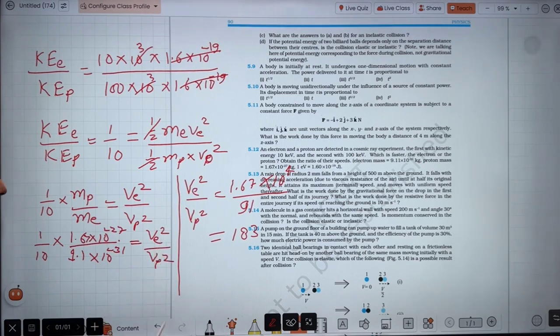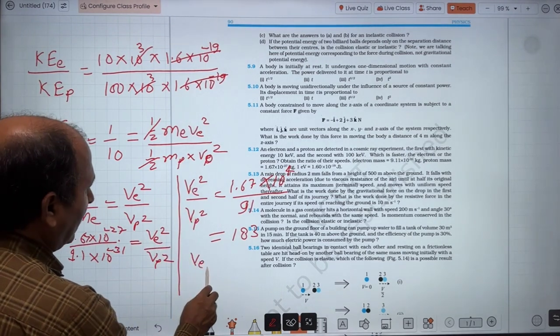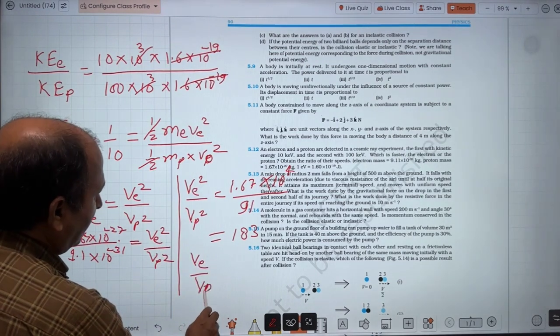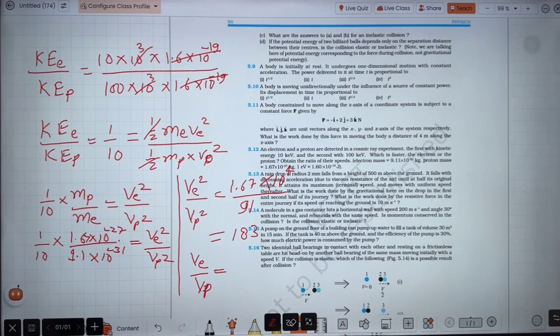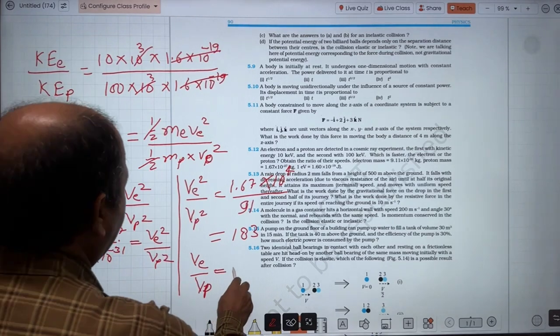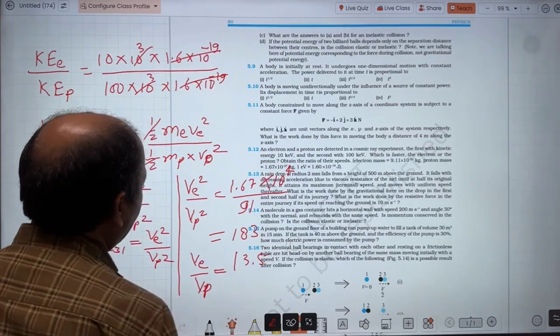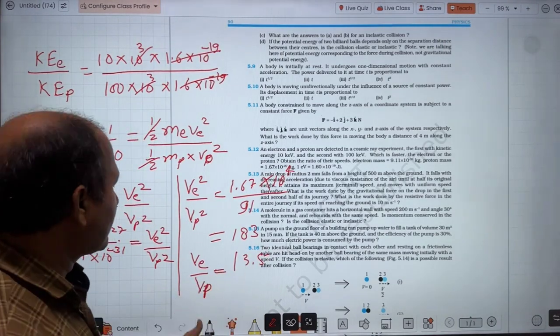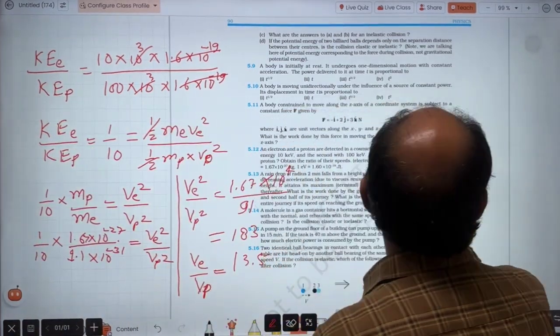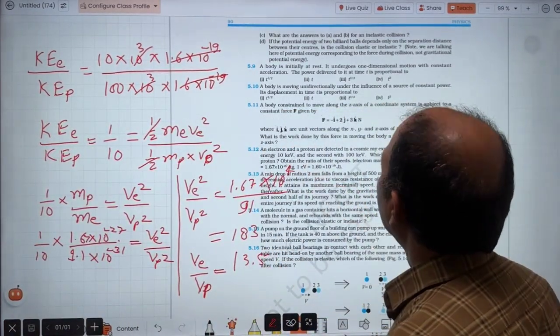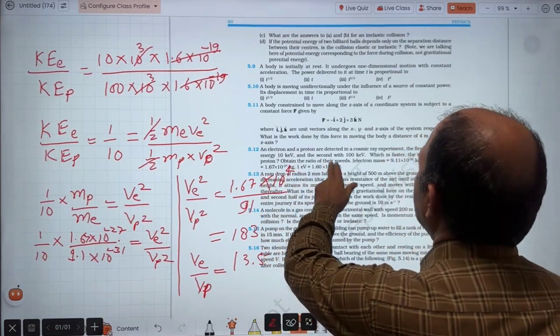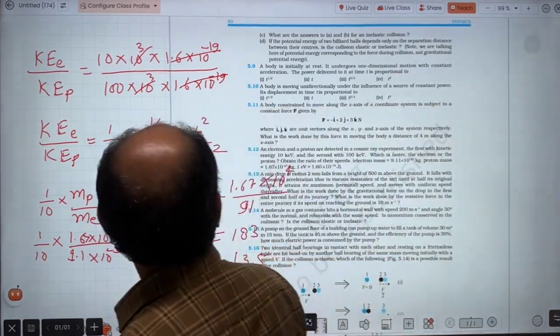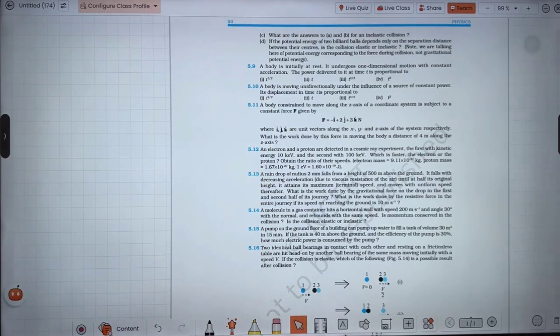If we take the square root, VE upon VP is around 13.5. So obviously the speed of the electron is 13.5 times the speed of the proton. Our purpose was to find the ratio of their speeds. So this much. Now let's take another question.